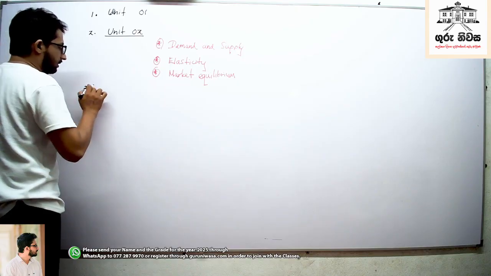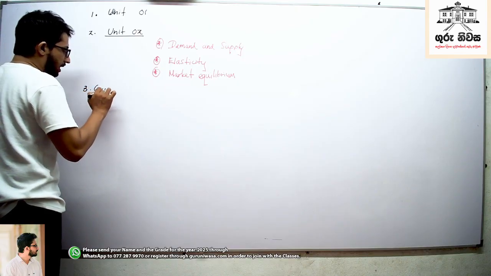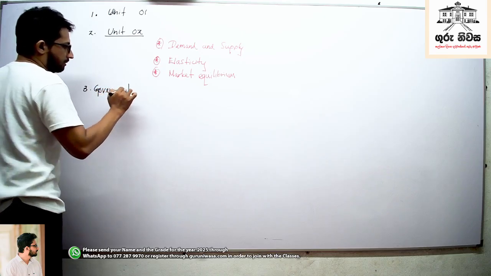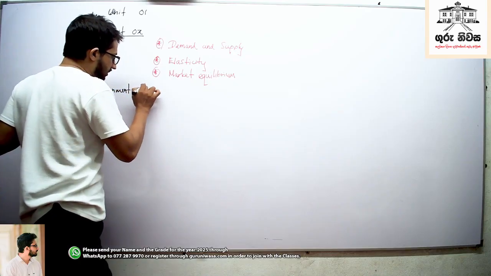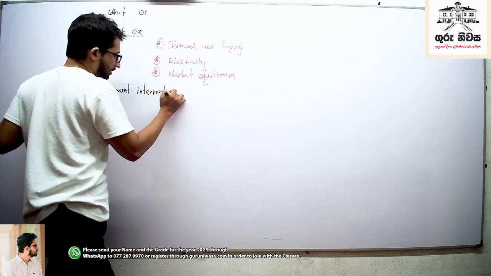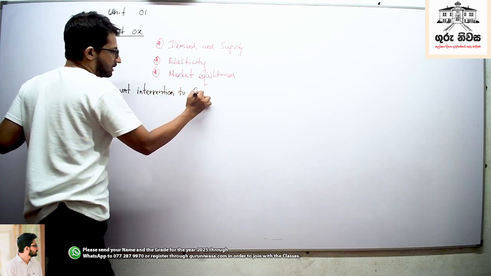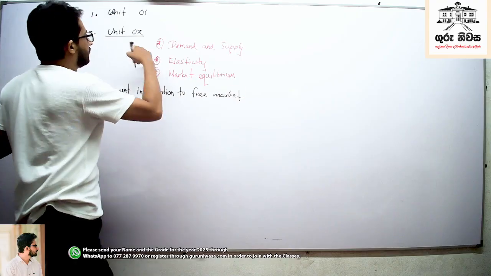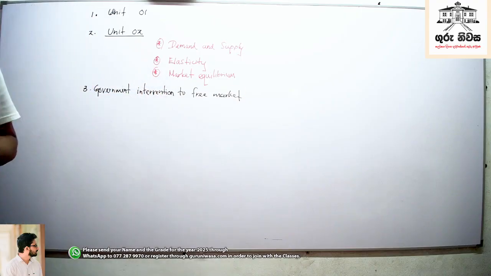Third one is government intervention to the free market. In the second lesson, there is no government, just consumers and producers.